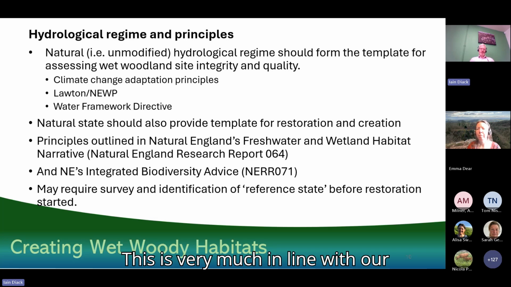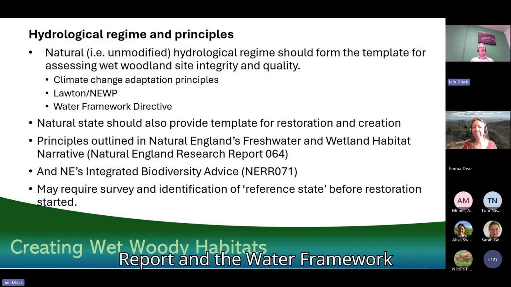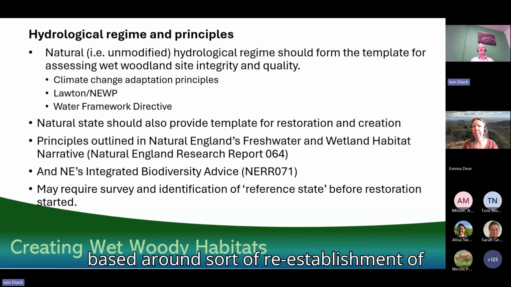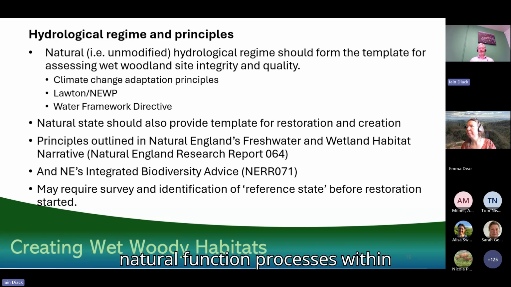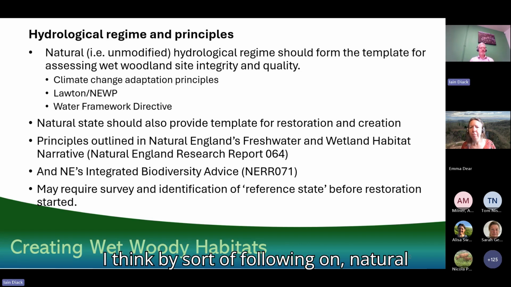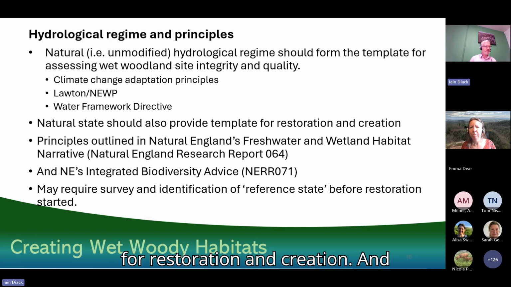This is very much in line with our climate change adaptation principles. Could have given you a link to that actually, Emma. The Lawton report and the Water Framework Directive as well, all of which are based around re-establishment of natural function and processes within landscapes and ecosystems. I think by following on, natural state should also provide the template for restoration and creation.